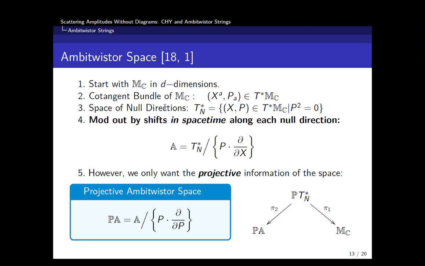So we have a subset of our cotangent bundle, and to get to projective Ambitwistor space, we would like to mod out by various redundancies so that all of our degrees of freedom are physical, like scalings and shifts in spacetime along each null direction. Then we have projective Ambitwistor space.